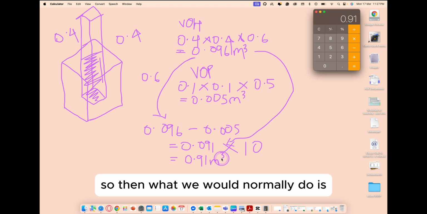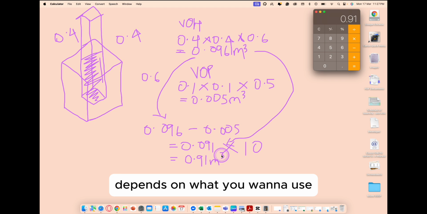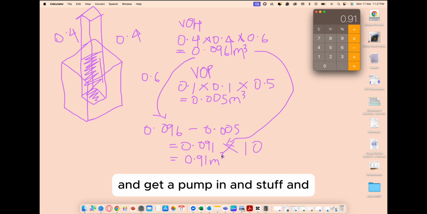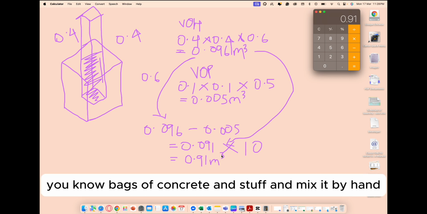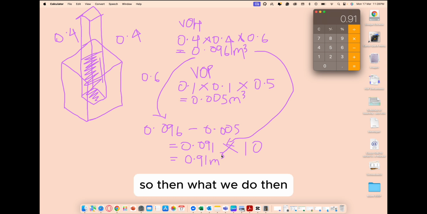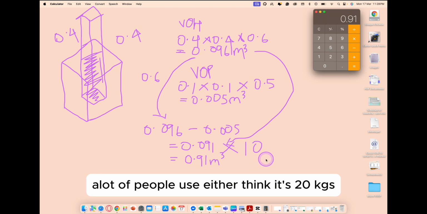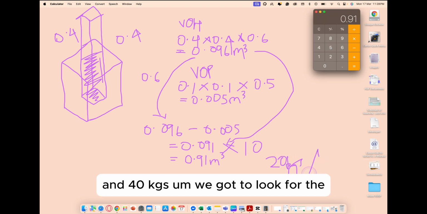So then what we would normally do is, depends on what you want to use. Some people may just want to ring up a concrete supplier and get a pump in, or others may choose to order bags of concrete and mix it by hand. So then how we work that out is, a lot of people use either, I think it's 20 kgs and 40 kgs.